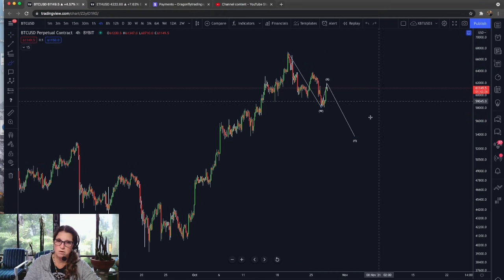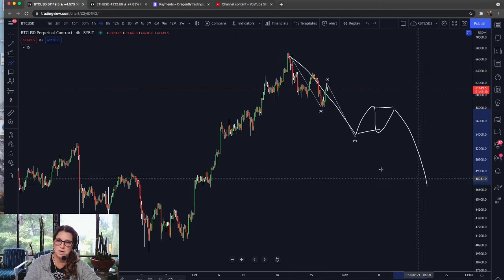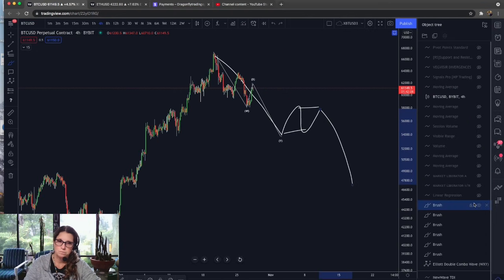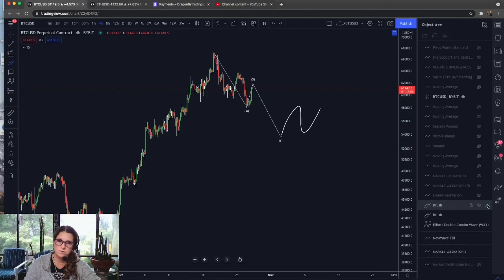Especially if we don't take off bullish and we just get a correction. Because then we're going to need a partner for this one down. So yes, it can get more ugly, but we take it wave by wave, okay? Because there's a few things that can happen here for sure.